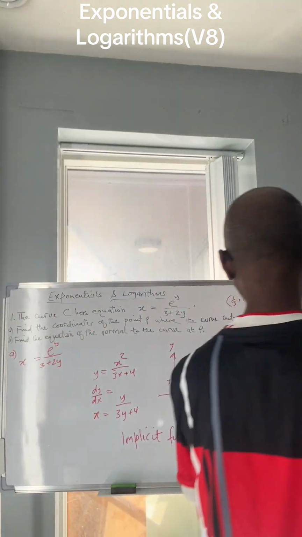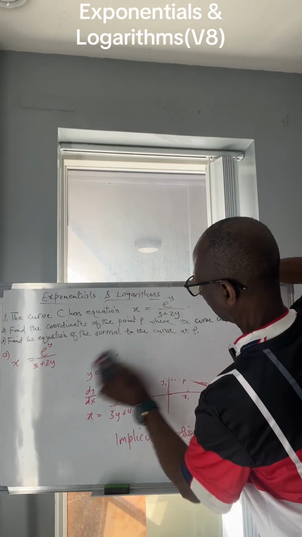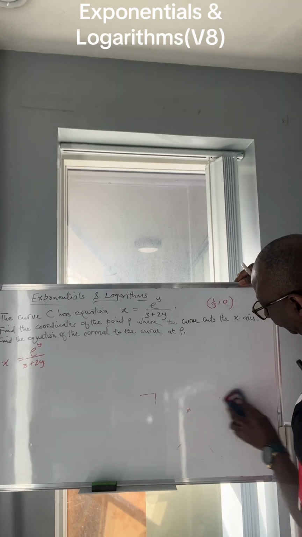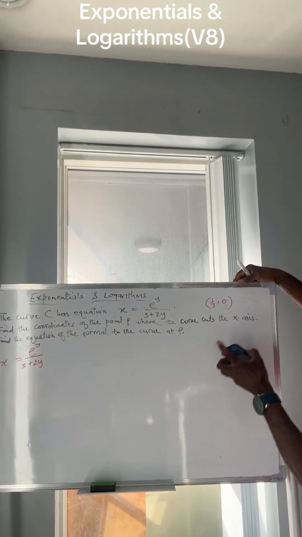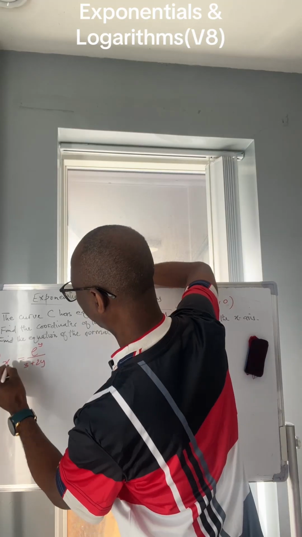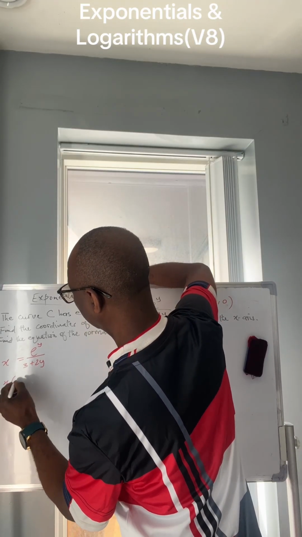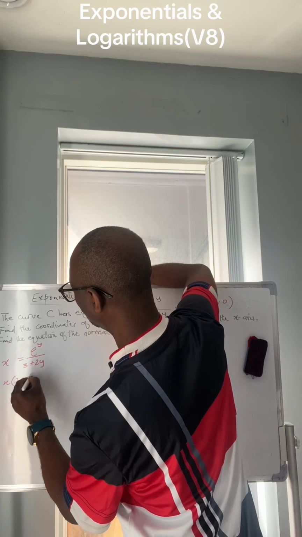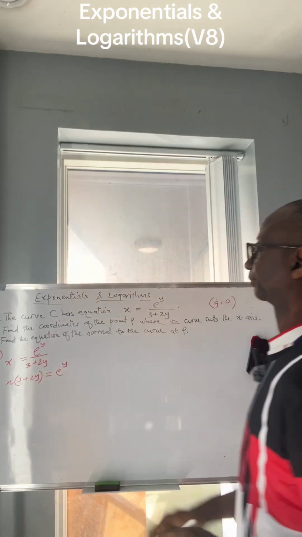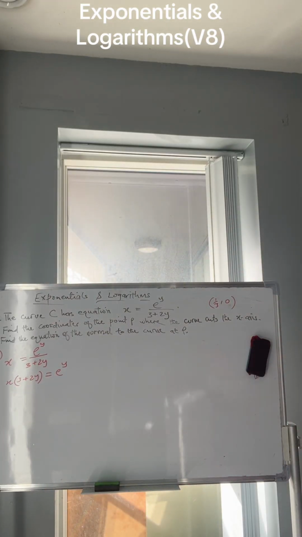So what do we do in this case? What we do here, we cross multiply, so we'll have x times 3 plus 2y equals e raised to the y. So now we differentiate.